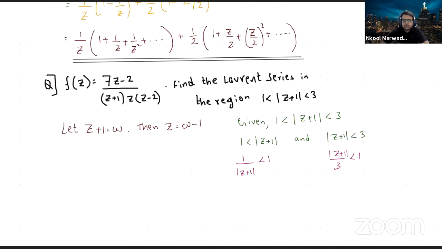Now instead of z plus 1, I can write omega. It will become mod of 1 upon omega is less than 1, and mod of omega by 3 is less than 1.